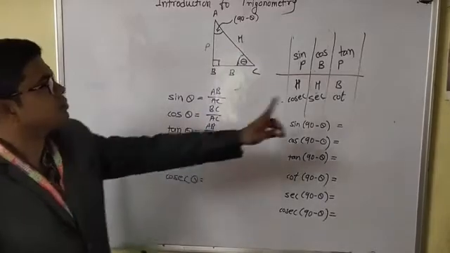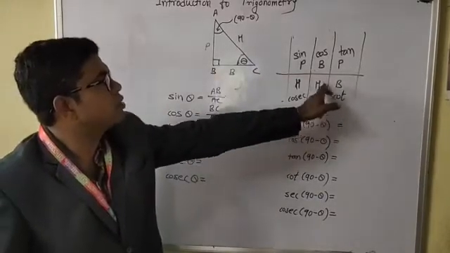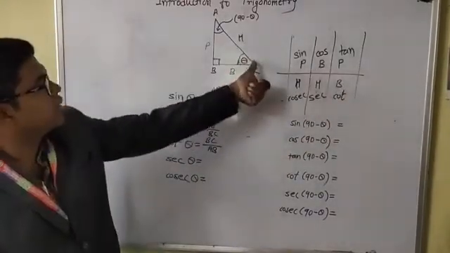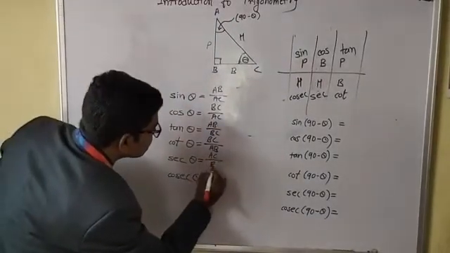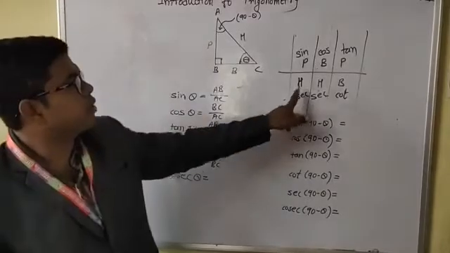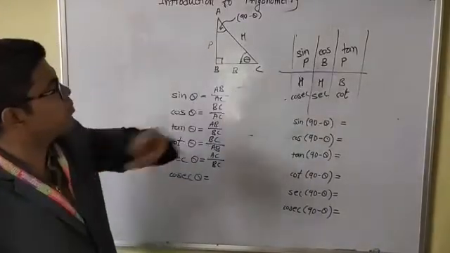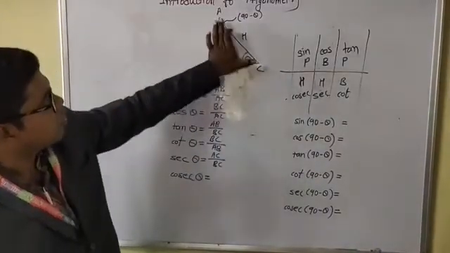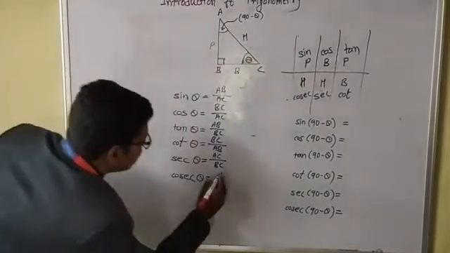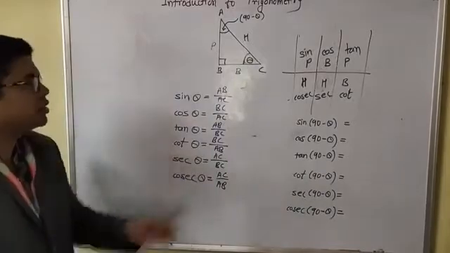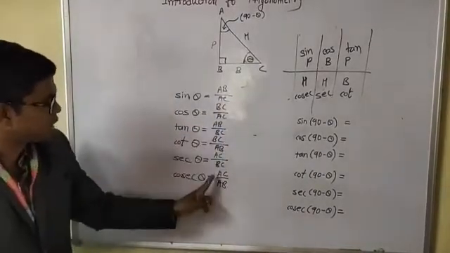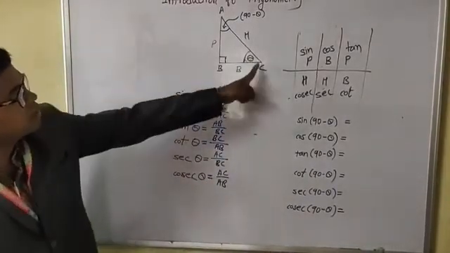Then sec, hypotenuse upon base, AC upon BC. Then cosec, hypotenuse upon perpendicular, hypotenuse AC upon AB. Right? These are the ratios of sides of a triangle for angle theta.